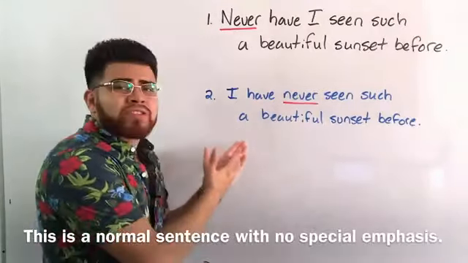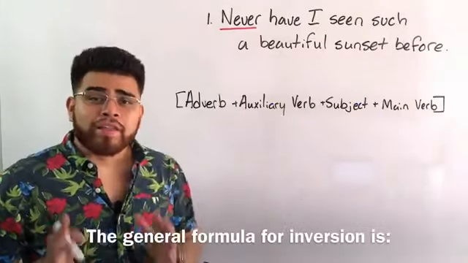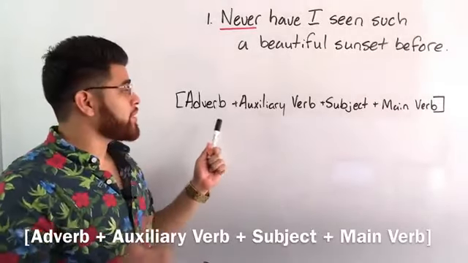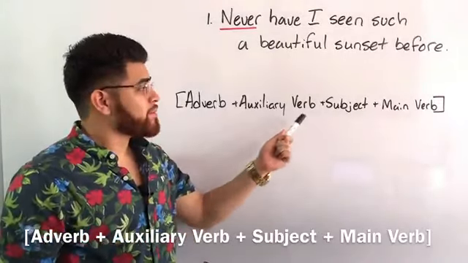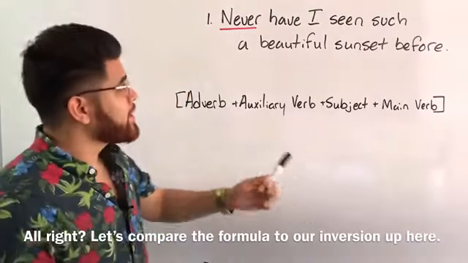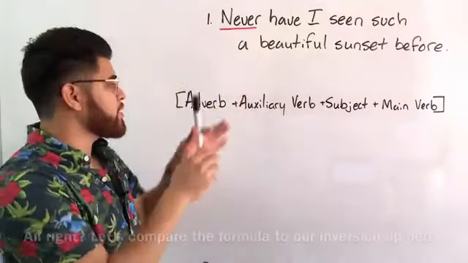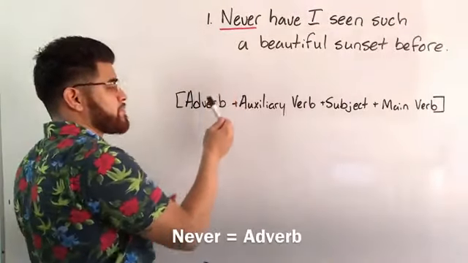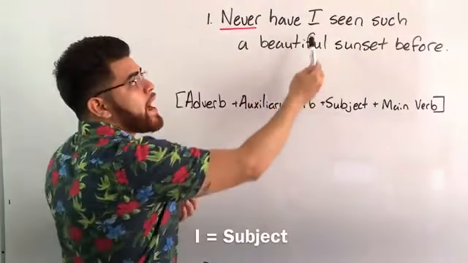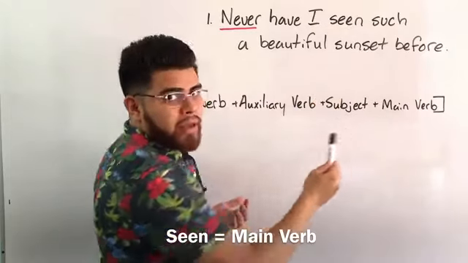This is a normal sentence with no special emphasis. The general formula for inversion is adverb plus auxiliary verb plus subject plus main verb. Let's compare the formula to our inversion: never, adverb. Have, auxiliary verb. I, subject, and seen, the main verb.